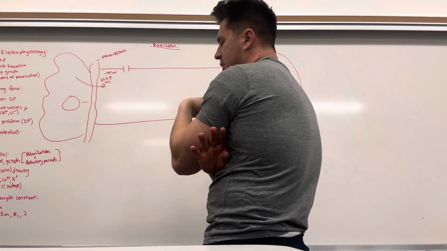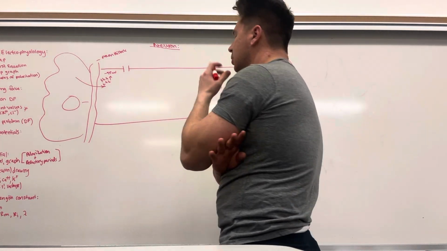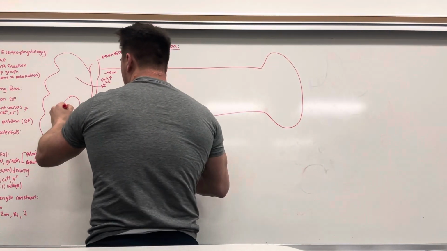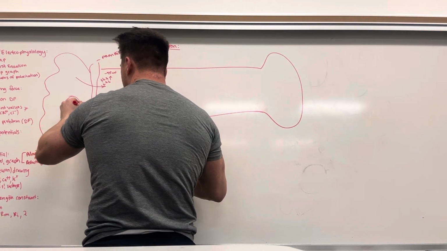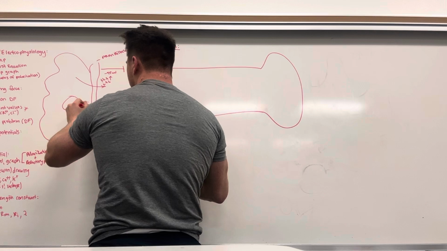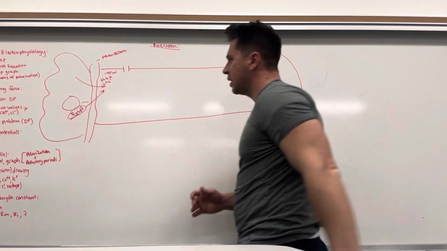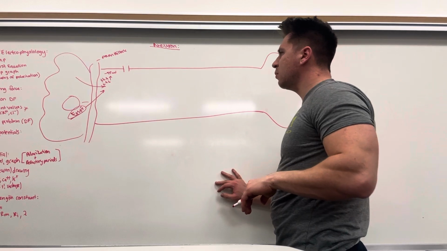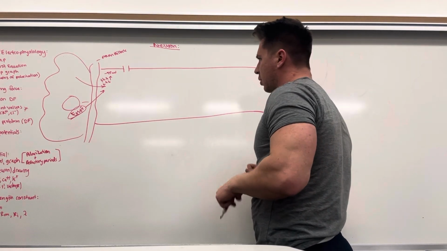It could be a sodium ligand gated channel or a different channel. And so we end up getting all these EPSPs that build up here, a stimulus strong enough to exceed threshold.